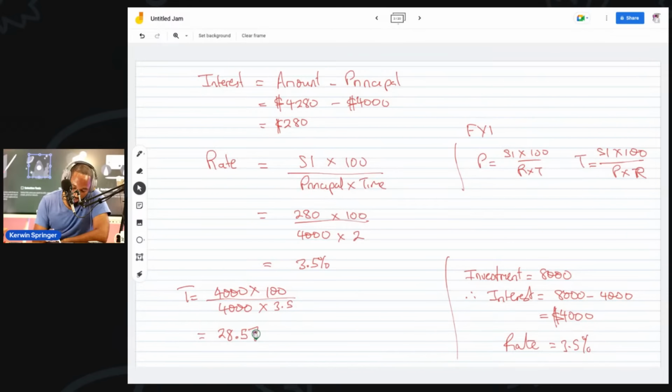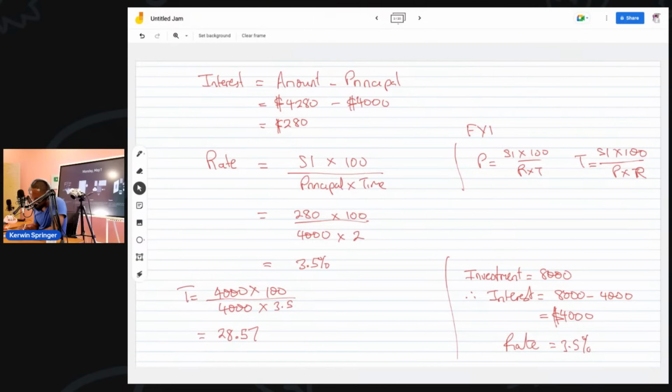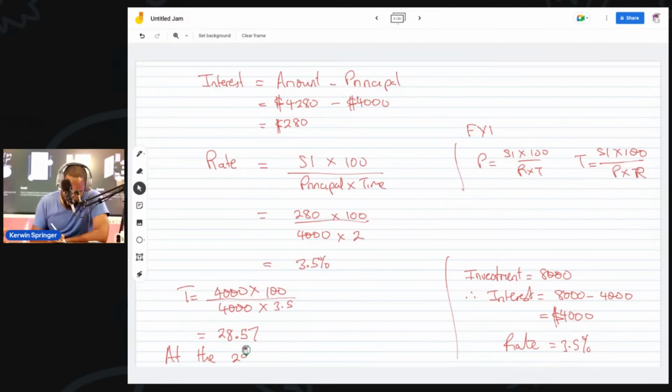Now, in the exam, the interest is compounded annually. You could see that here. Not compounded, added annually, because they actually give you some dates to work with as well. So only at the ending of the year will it cross. So at the 29th year, he would have 8,000 plus in his investment.